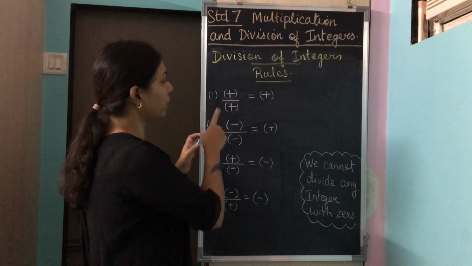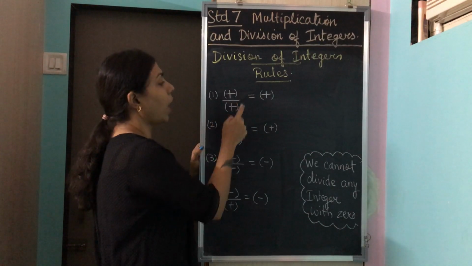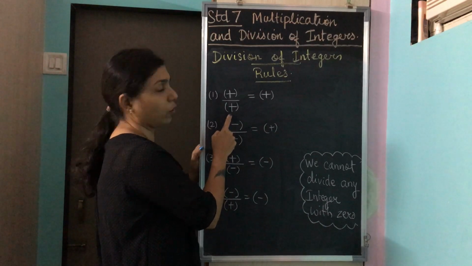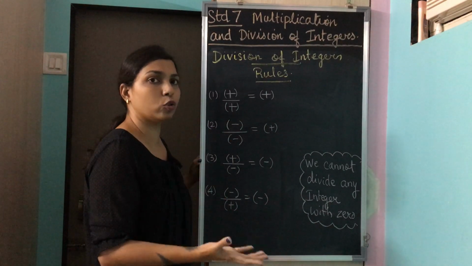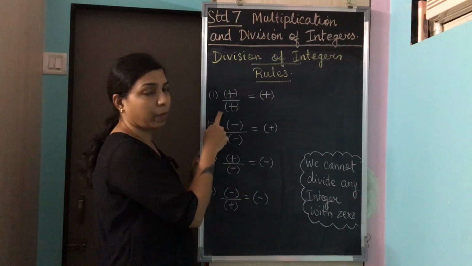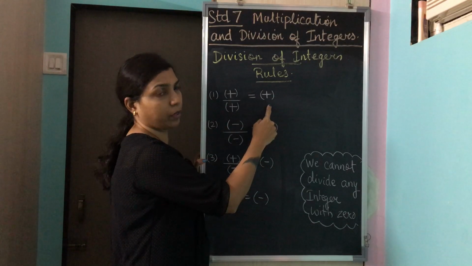Now I have written plus upon plus, which means that the numbers are to be divided. This is the numerator, this is the denominator. When we have a positive number divided by another positive number, your answer will be a positive number.